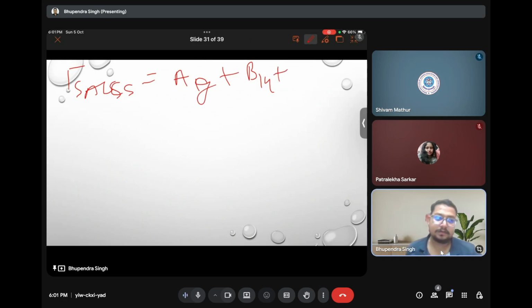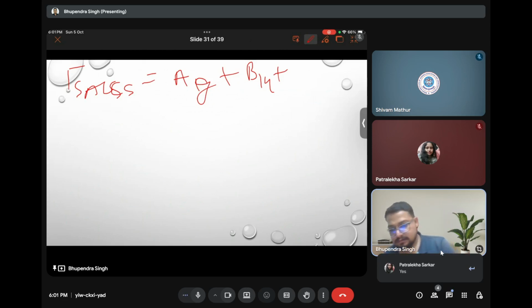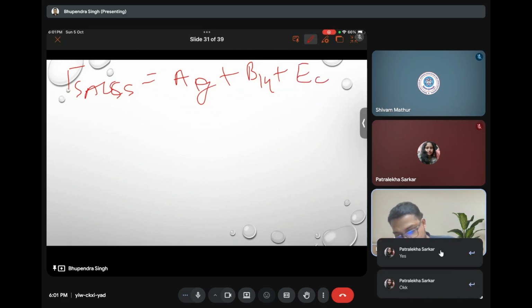You know how to solve it. Use that or the great orthogonality theorem formula. Find out the contribution of each of the symmetry species. Then you can find out the irreducible representation. A1G, B1U, EU.